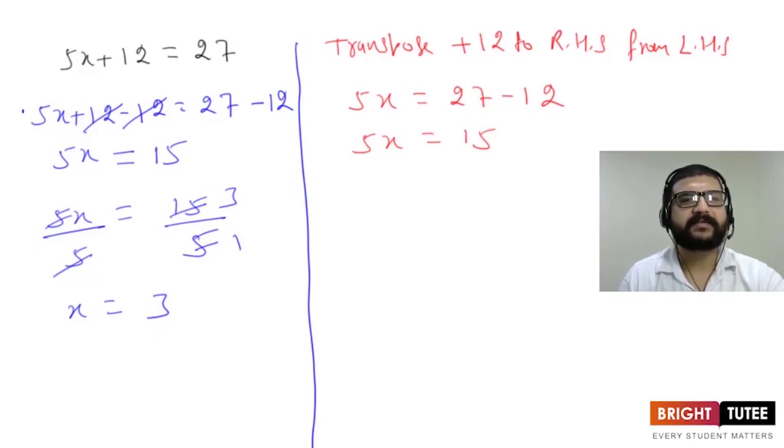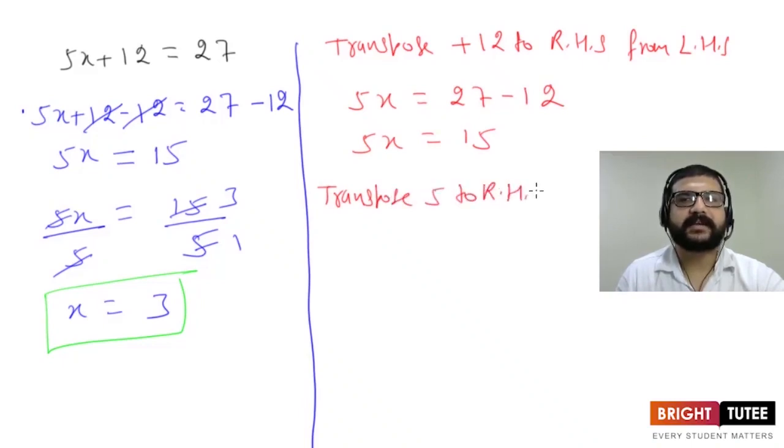So the final value of x we are getting is x is equal to 3. And now what should we do here? Here we have divided both the sides with 5, or what we can do, we can transpose this 5 here, so it will come in division. So basically what we are doing, transpose 5 to right hand side of the equation.